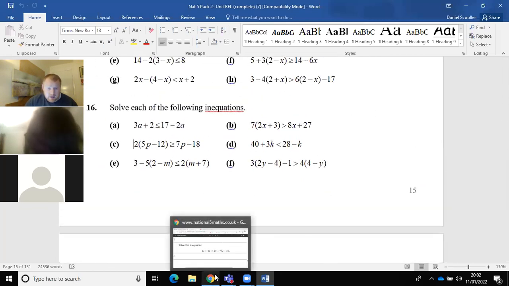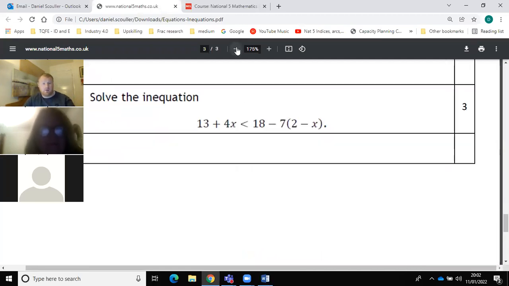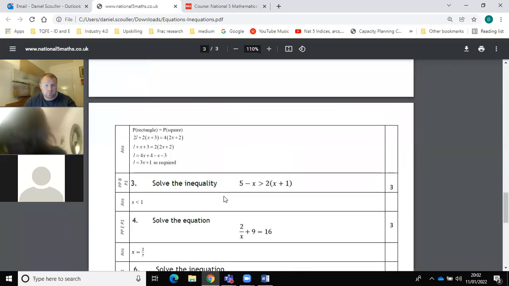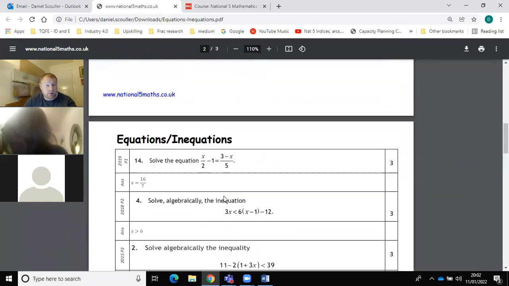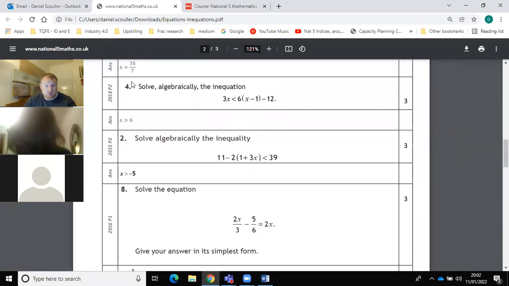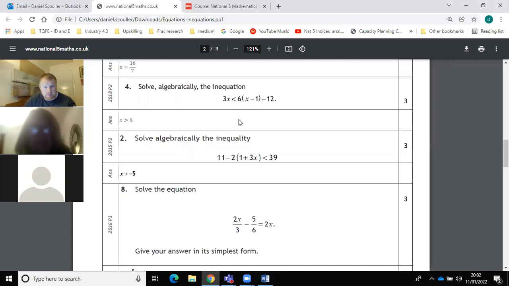But have a right good bash at 15, 16, and 17. That handout I sent you tonight, let's have a wee look. We'll have a wee go at that. So these are past paper questions. Solve algebraically an equation. They're very similar to these questions, no harder, no easier.